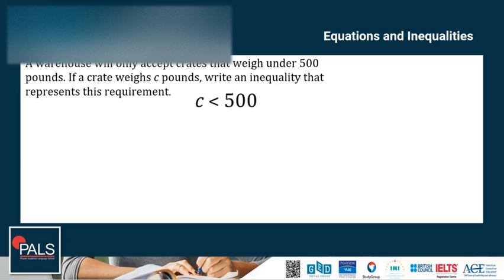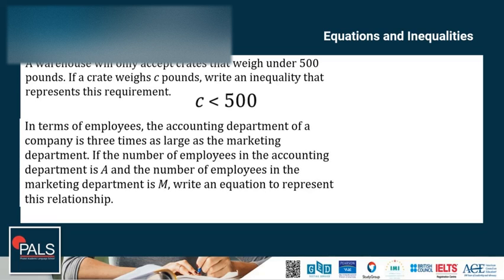Another and last example is, in terms of employees, the accounting department of a company is 3 times as large as the marketing department. If the number of employees in the accounting department is A and the number of employees in the marketing department is M, write an equation to represent this relationship.